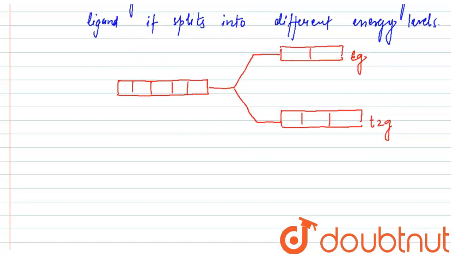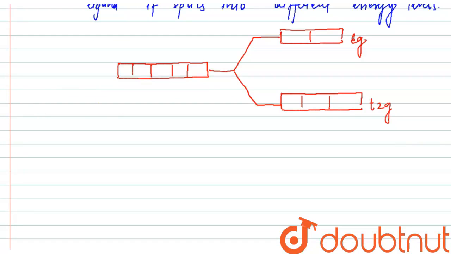Now let us try and understand this. Suppose we have one electron in the t2g level, which is the lower energy level. Sometimes this electron gets excited and promoted to the higher energy level eg, taking some amount of energy from visible radiation.